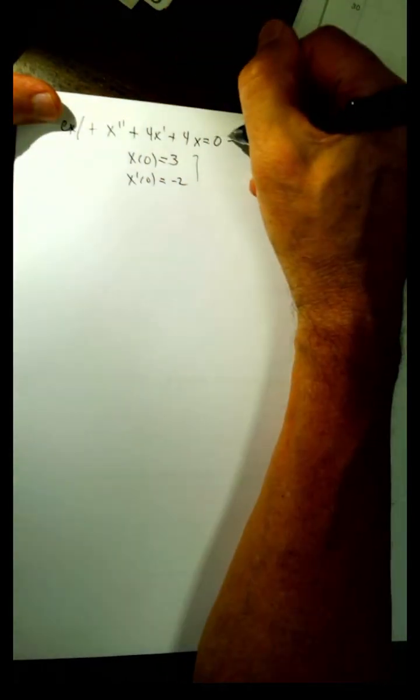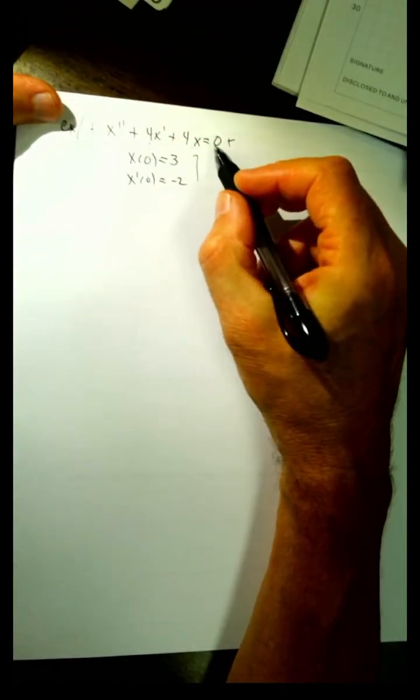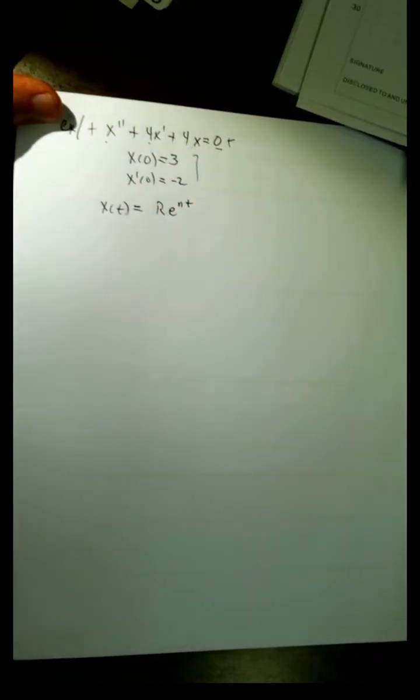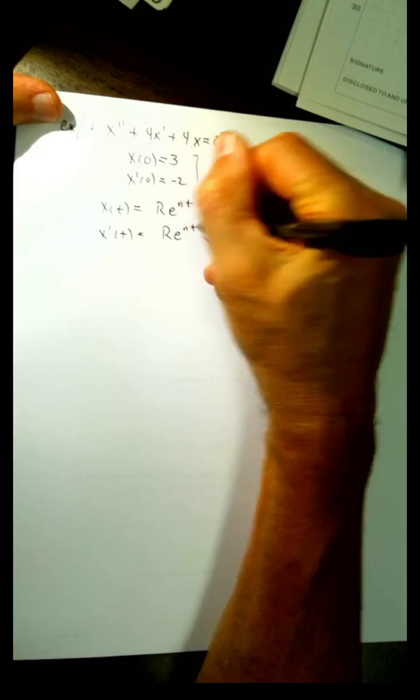So this is constant coefficient. It's linear and it's homogeneous. So I'm going to assume x of t is re to the nt. I'm going to plug it back into my equation. So I need to take the first derivative. I'm going to get re to the nt times n.